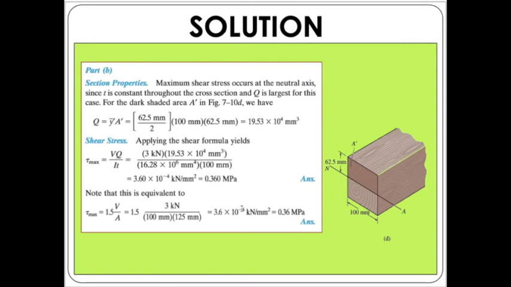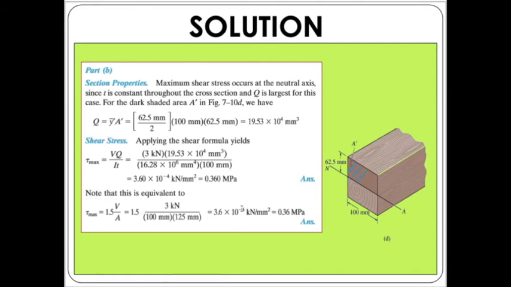Since T is constant throughout the cross section, and Q is the largest in this case, for the dark shaded area A prime we have Q equals Y bar prime times A prime. You can see here the shaded area that we are going to consider is the top area of the segment.